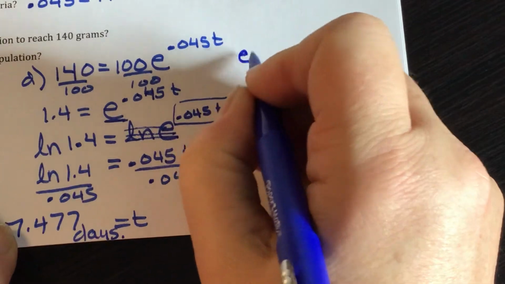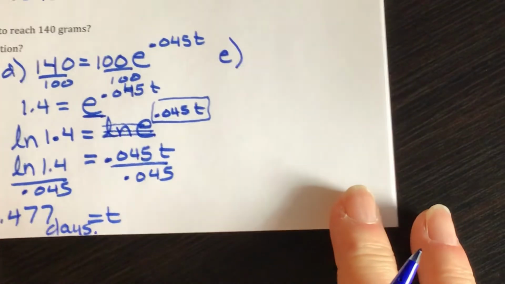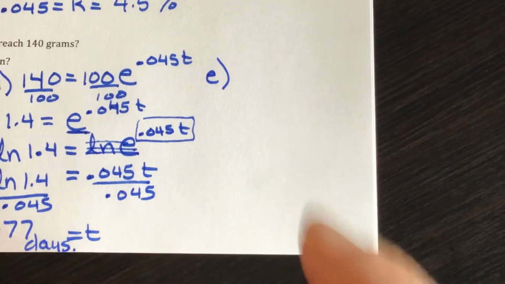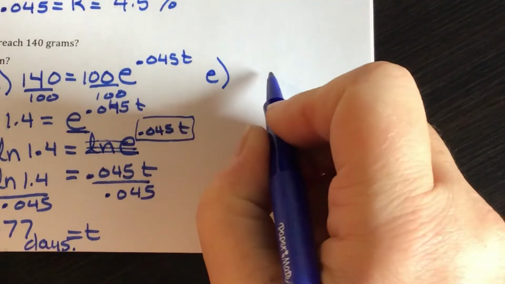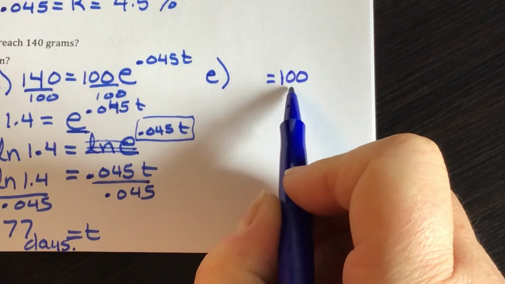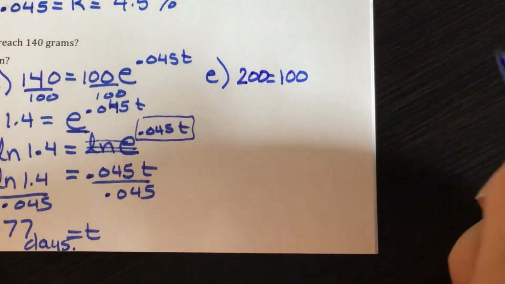In part E, they're asking us what is the doubling time for the population. So this is just like when we were looking for how long does it take our investment to double. All right, so if I start with a number which was 100, if I'm going to double that, I'm going to get 200.